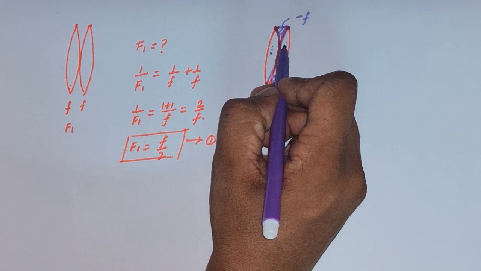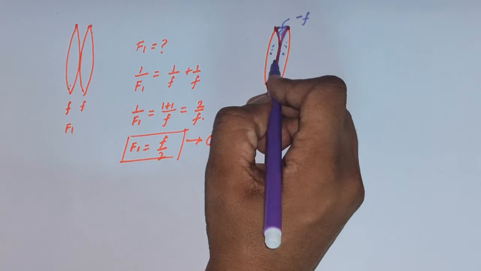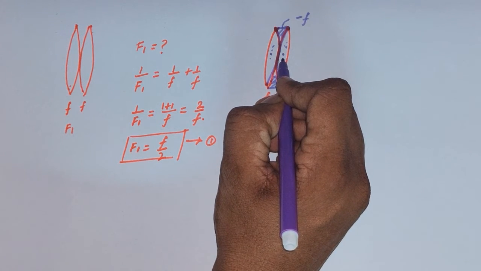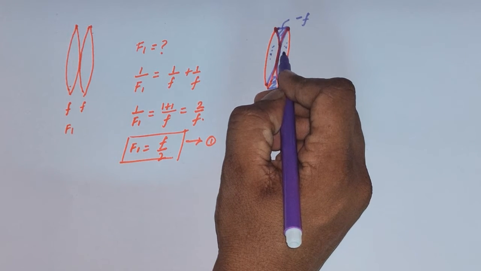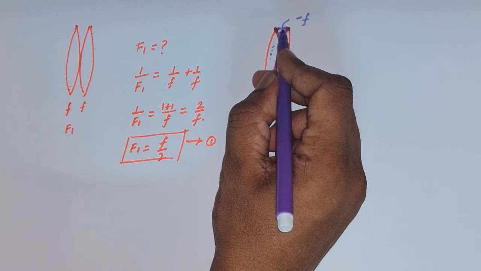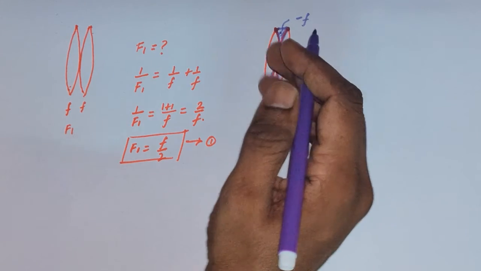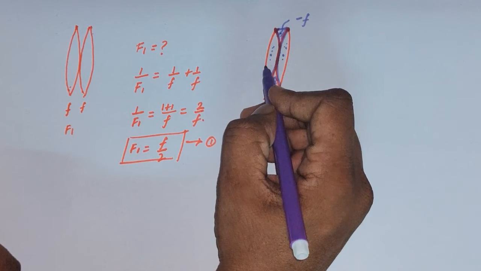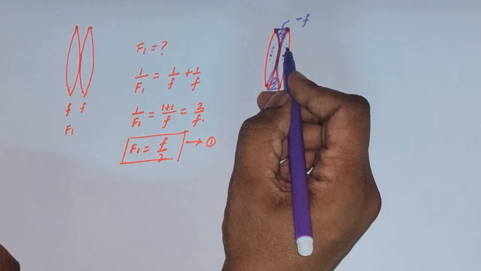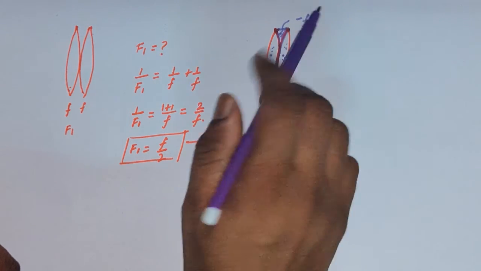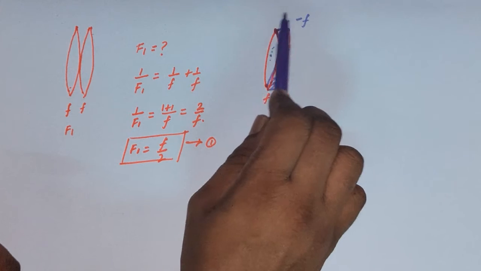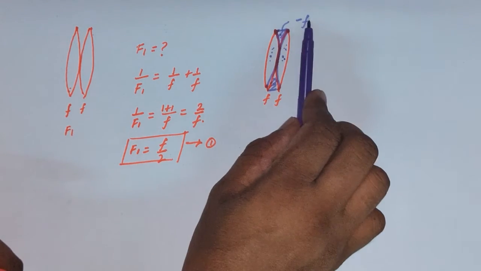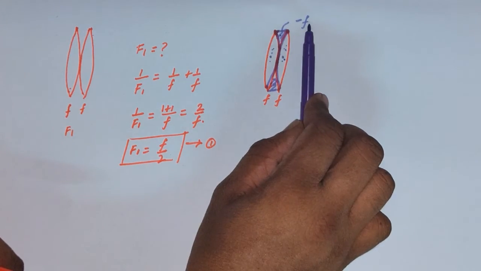So the refractive index of the first lens is equal to that of the second lens, and equal to the glycerin. That means in this second diagram we have one convex lens, one concave lens, and another convex lens, three lenses together. The medium is homogeneous, uniformly filled.